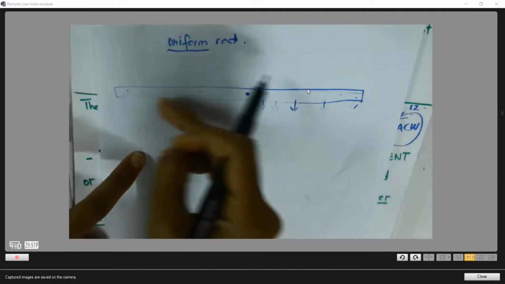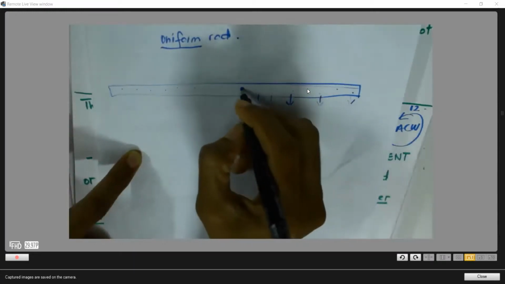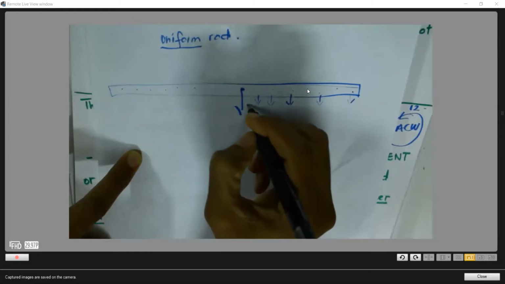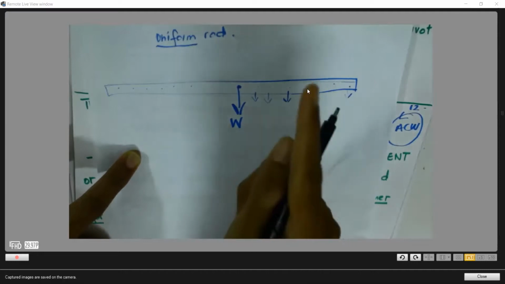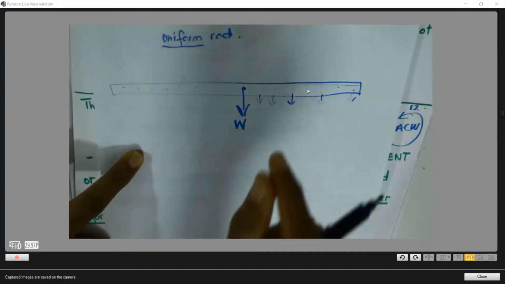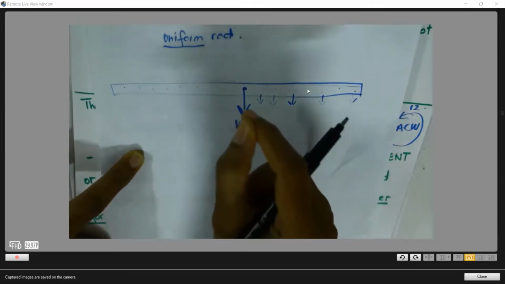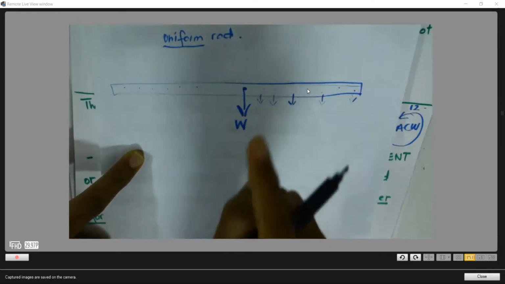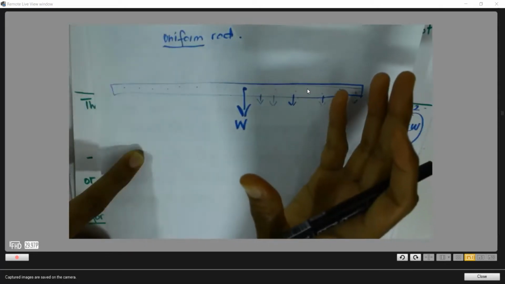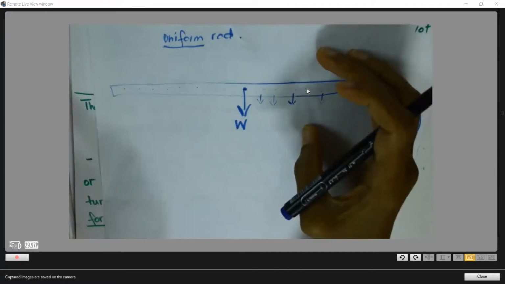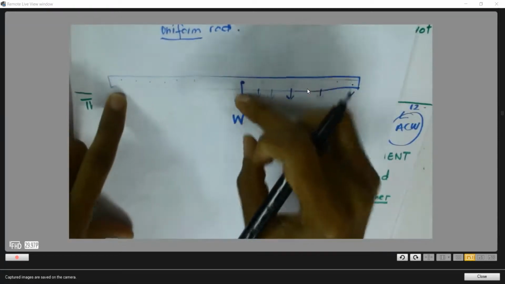So we add up all the weights of these small atoms, and they all seem to be acting through the center of mass of that object. Now, the center of mass of the object is not necessarily the center of the object. That is true only if the object is uniform and symmetrical, meaning the same mass on this half and the same mass on the other half. Only then do you have the center of mass in the center.